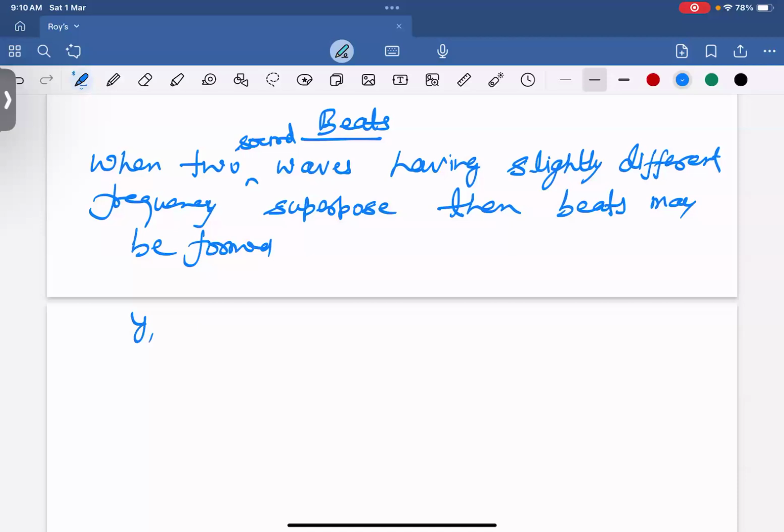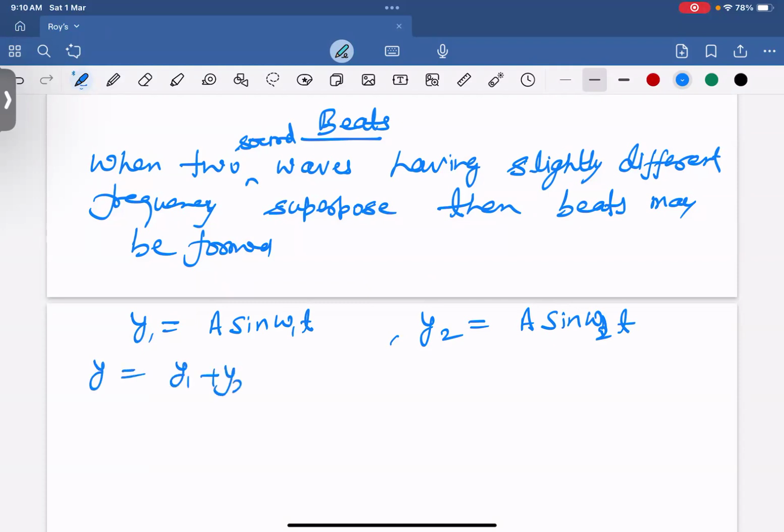Let's suppose I have one sound wave as A sine omega 1 t, and the other sound wave as A sine omega 2 t, amplitude we have kept constant. If you superimpose, then y becomes y1 plus y2. That is A times sine omega 1 t plus sine omega 2 t.